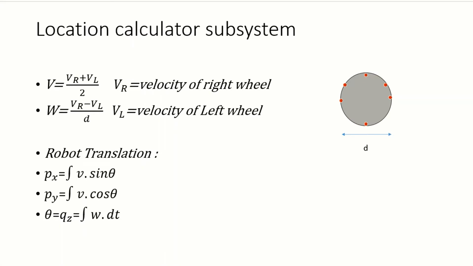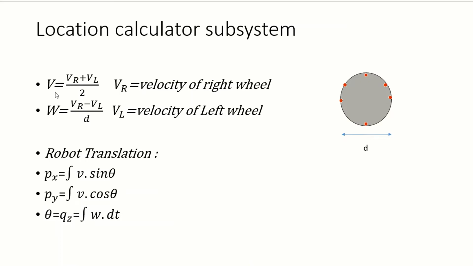The next subsystem is the location calculator for calculating the robot translation. There are some formulas for a robot to get position and angle values by means of the velocity of its wheels. By knowing the velocity of the left wheel and right wheel, we can calculate the velocity of the robot.